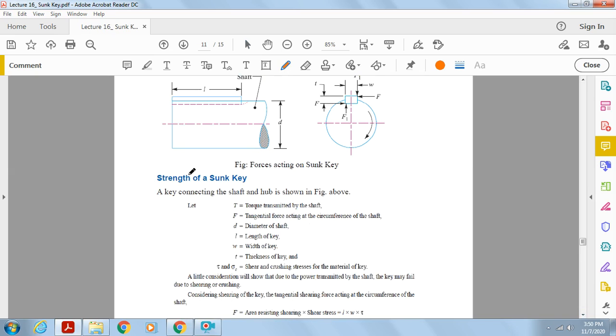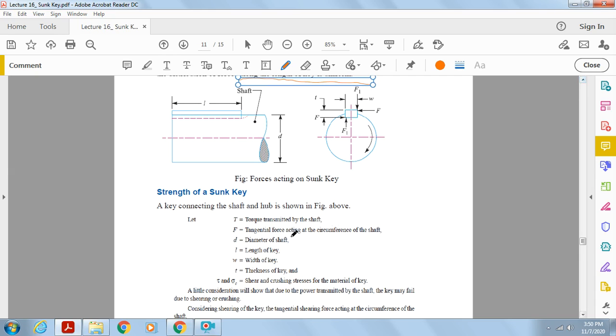Next, we have to determine the strength of a sunk key, a key connecting the shaft and hub as shown in the figure above. T is the torque transmitted by the shaft. F is the tangential force acting at the circumference of the shaft. D is the diameter of the shaft. L is the length of the key.